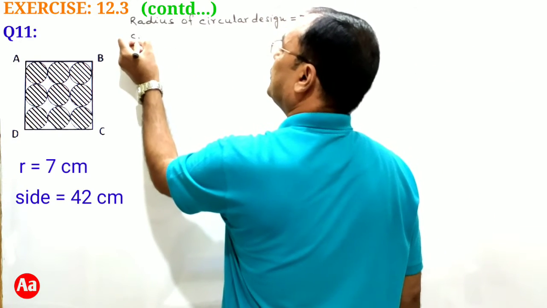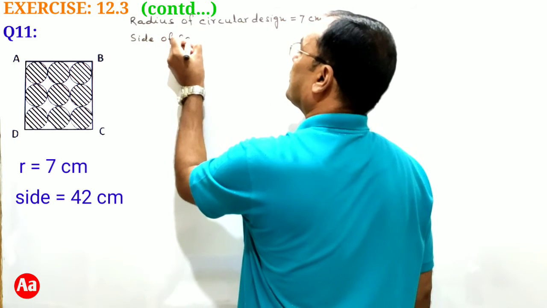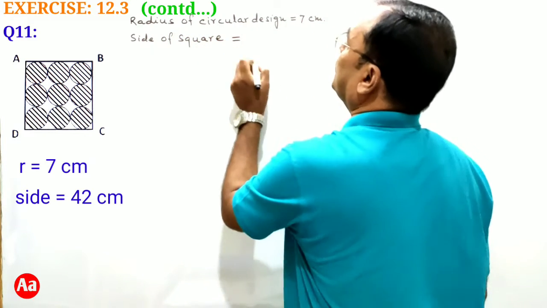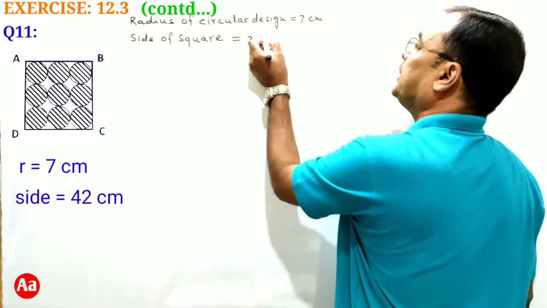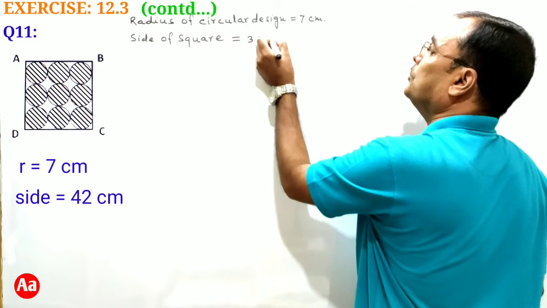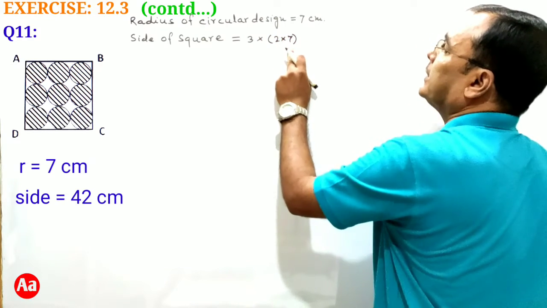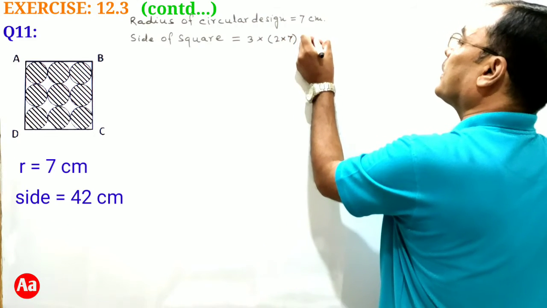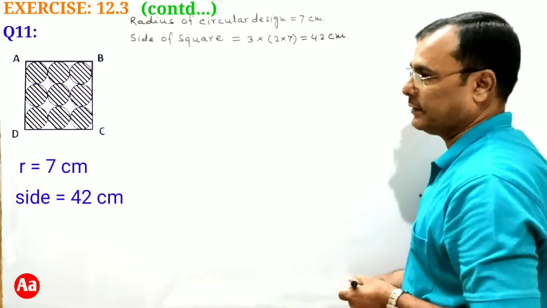So the side of the square will be equal to 3 into the diameter of the circular design, that is 3 into 2 into 7. 7 is the radius, so 2 into 7 is the diameter, diameter into 3, 42 centimeter.